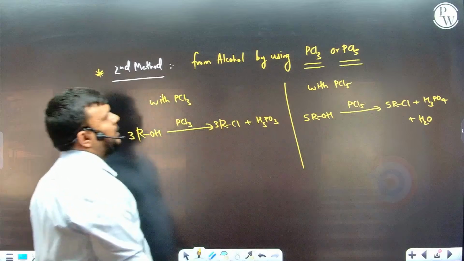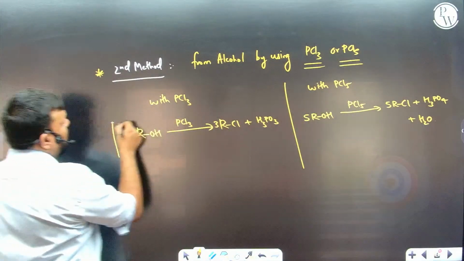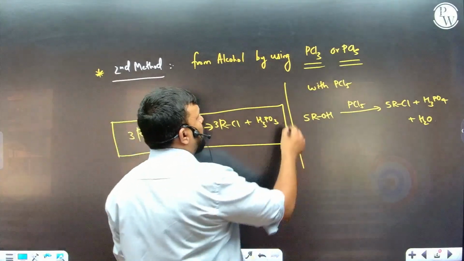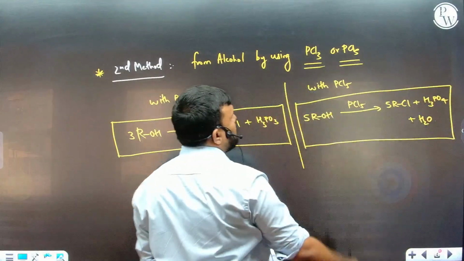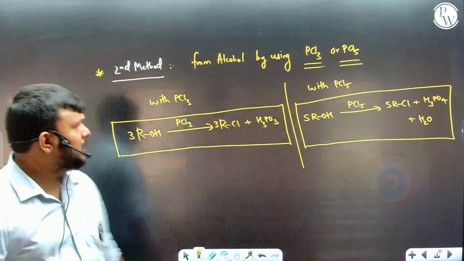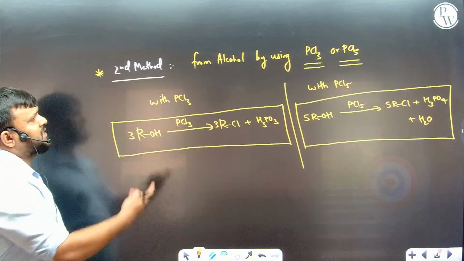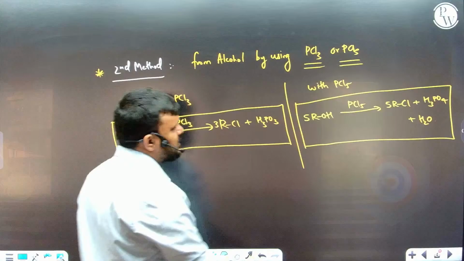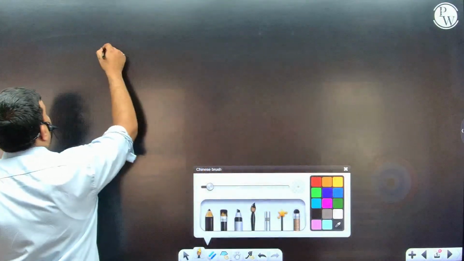If you react with PCl3, you can convert 3 equivalents of ROH into RCl, and if you use PCl5, you can have 3 equivalents of ROH converted into RCl. So this is the second method, where we react alcohol with PCl3 or PCl5 to get haloalkane. So let us see the next method, the third method.